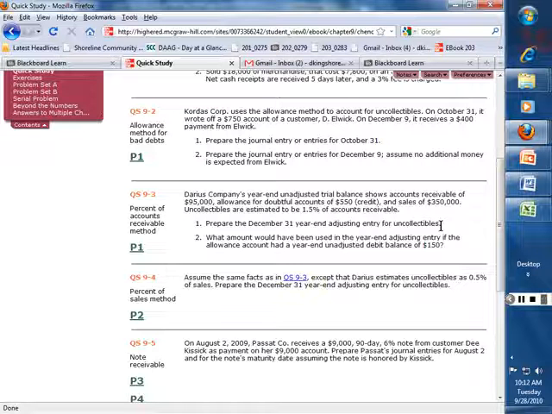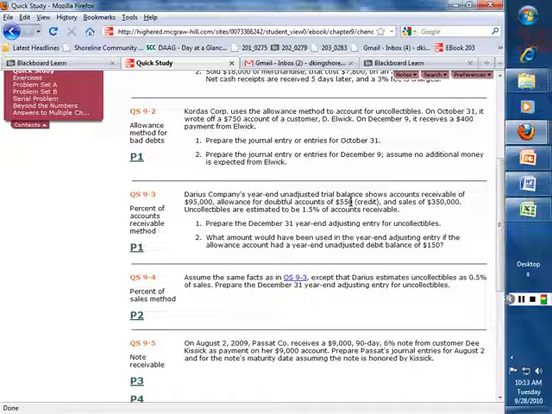You say, I want that to appear as the ending balance in the allowance account, 1.5% of $95,000. So you calculate it, and then you subtract this $550 because it's given to you as a credit balance, meaning I already have $550 of the amount I need. I just need the rest.